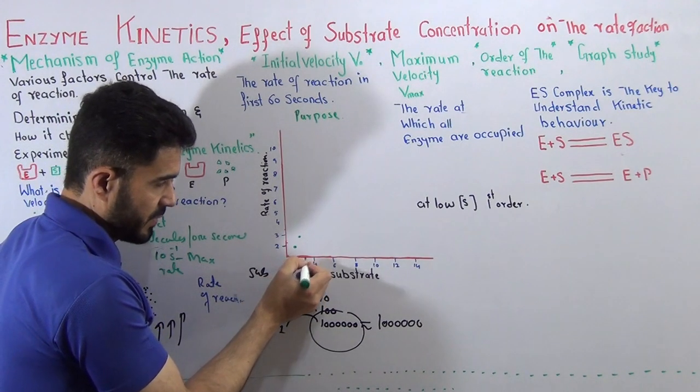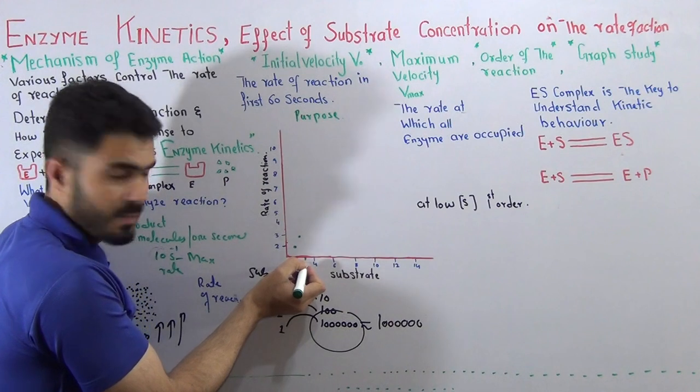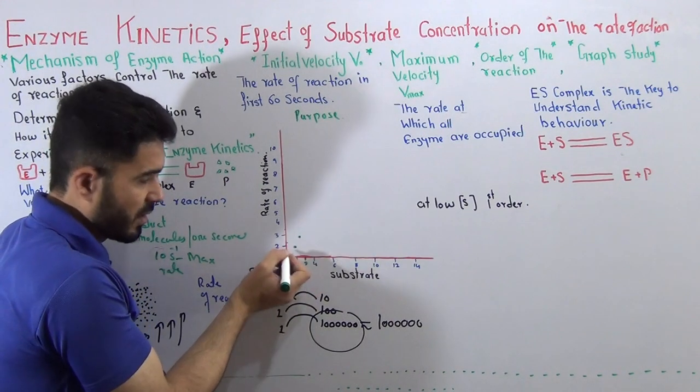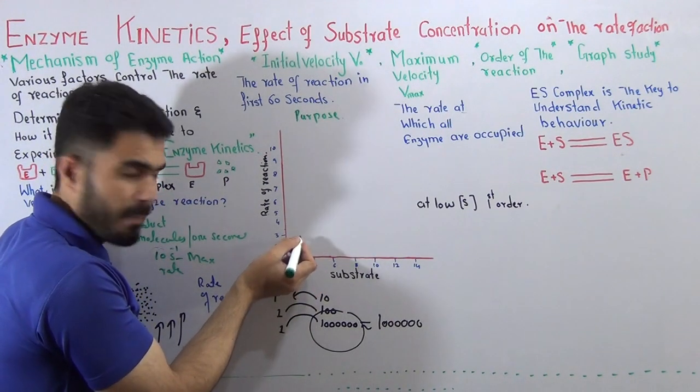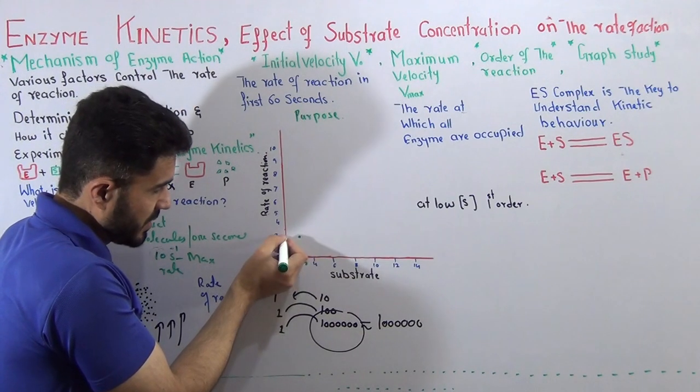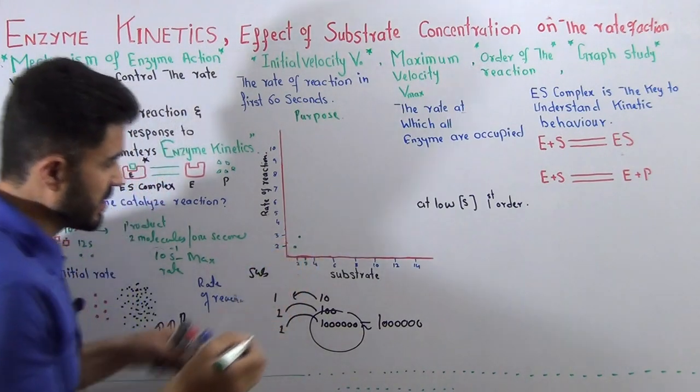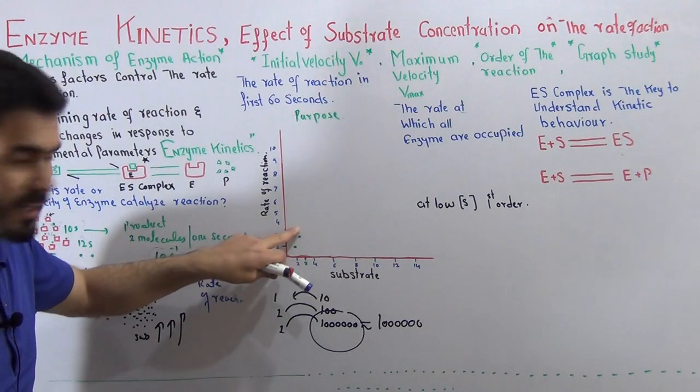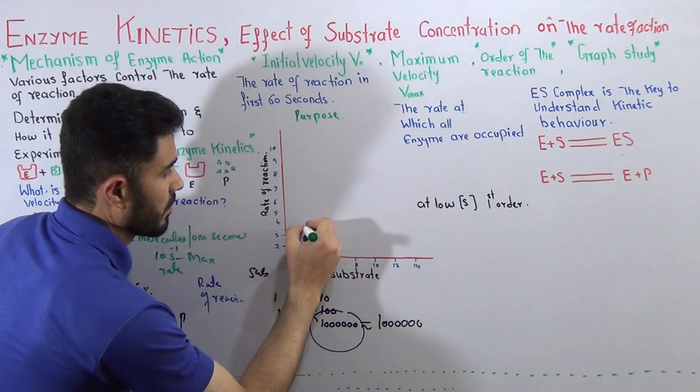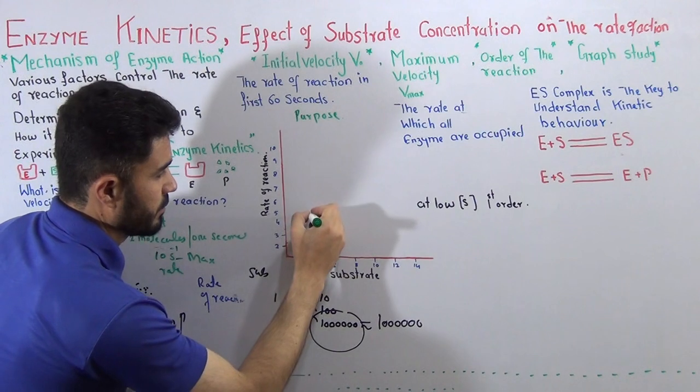When you use 3 substrate, the reaction you get here, this dot, coincides with 3, so the speed is now increased from 2 to 3, and then 4, and then 5.